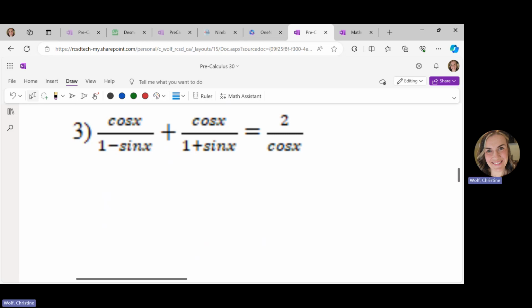No, we're not going to flip them. Well, that's not what, sorry? Yes. So if I just multiply 1 plus sine x to that guy, it has both now. And then if I multiply this guy by 1 minus sine x, it has both now.